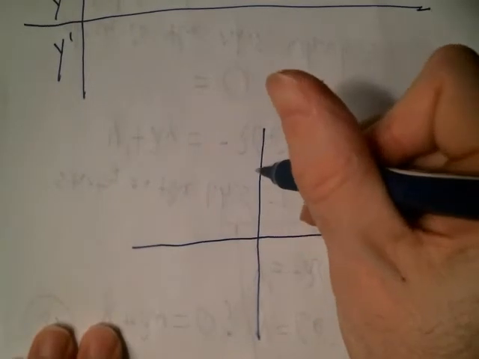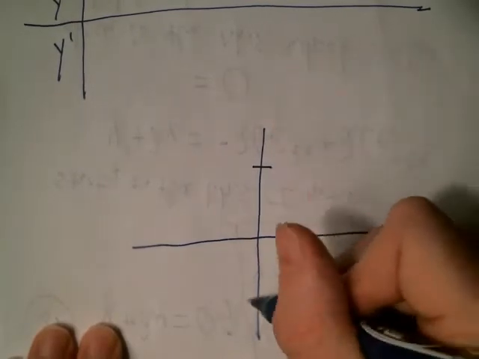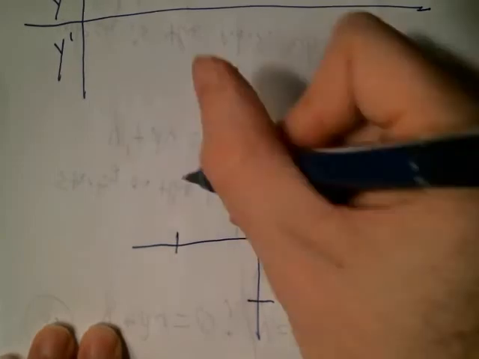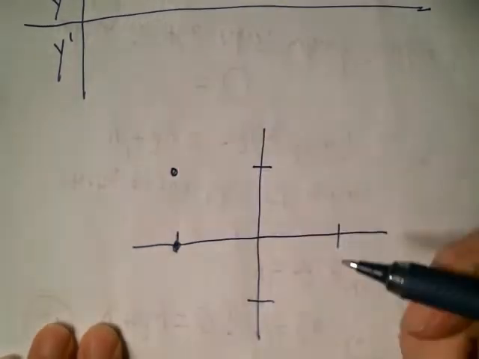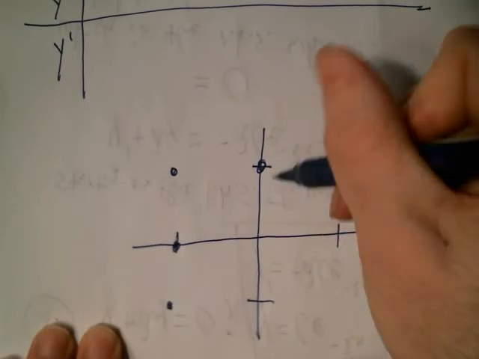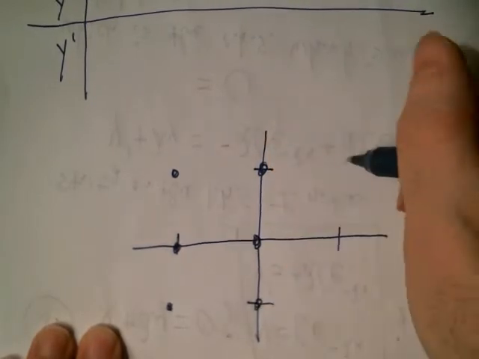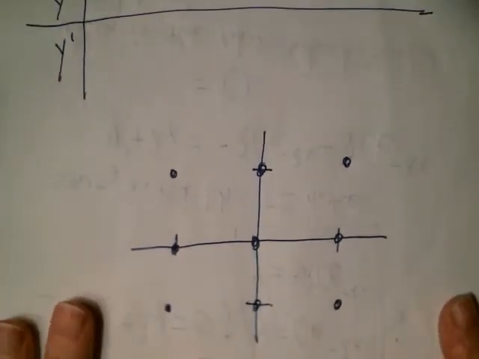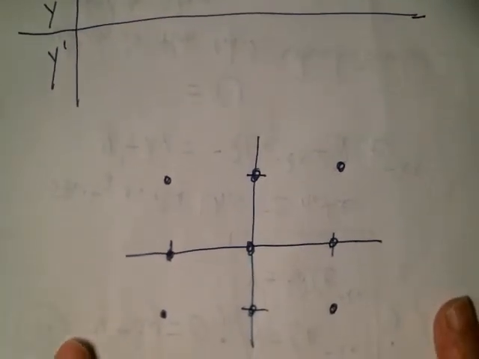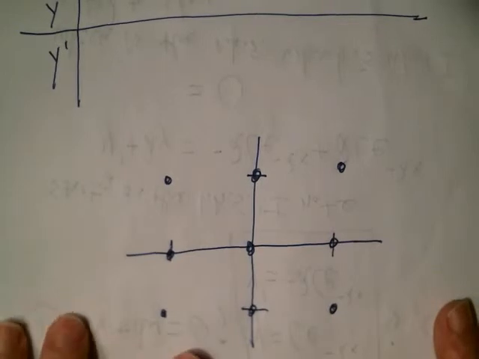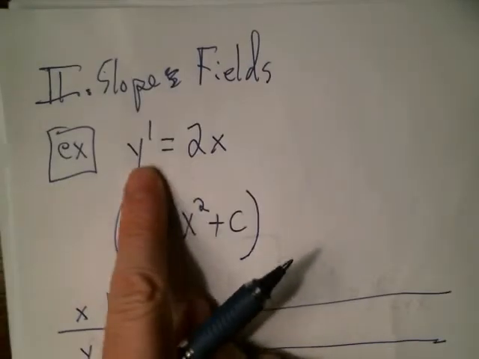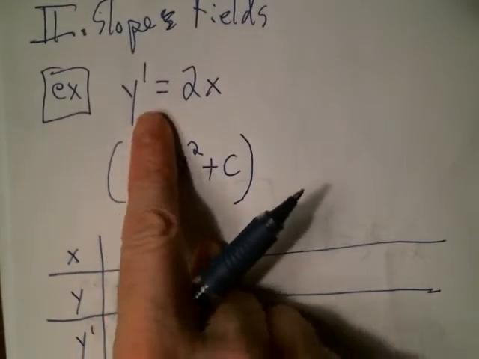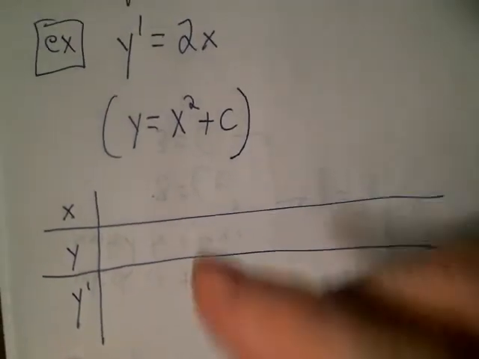We'll just pick 9 points. And we want to find the slope of the solution at all those points. So let's try to figure that out.